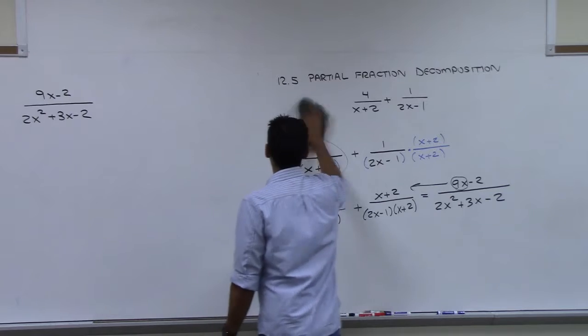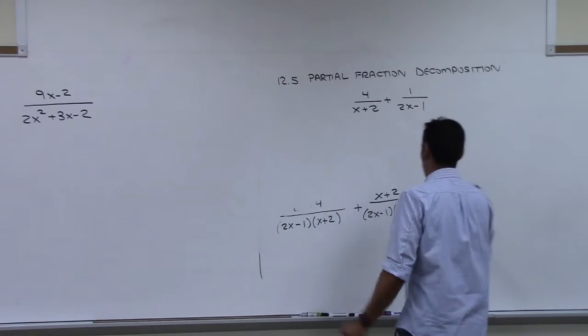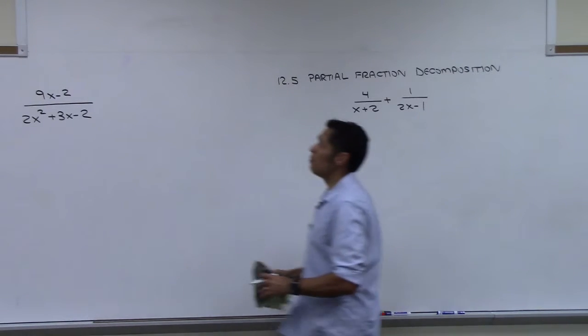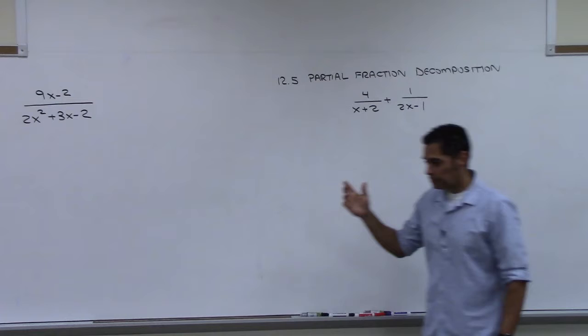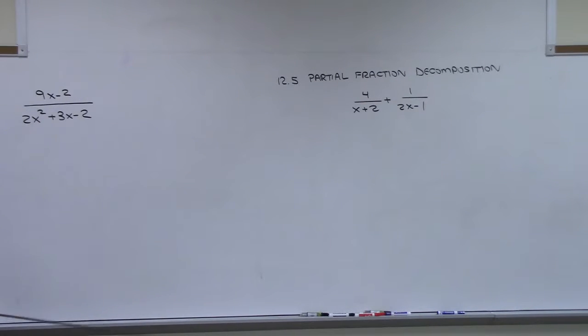Okay, so here's the procedure. And I'll write it down later. I'm just verbally going to say it for now. First thing we're going to do is look at this and check the power of the numerator and denominator. So let's just do a quick check. The power is called the degree.